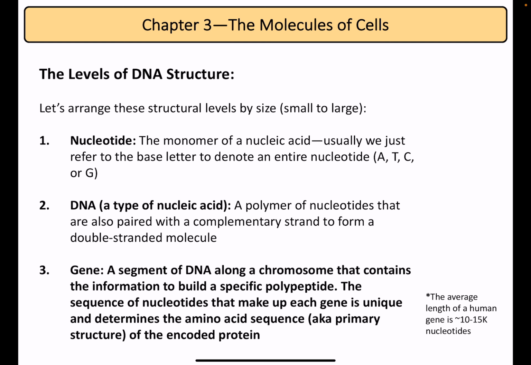And a gene is a particular arbitrary stretch or segment along a chromosome that is the information, very important, for building a single type of polypeptide, which, if folded correctly and once it assumes its proper 3D structure, becomes one of your proteins, right? So on average, a gene is anywhere from 10,000 to 15,000 nucleotides long.